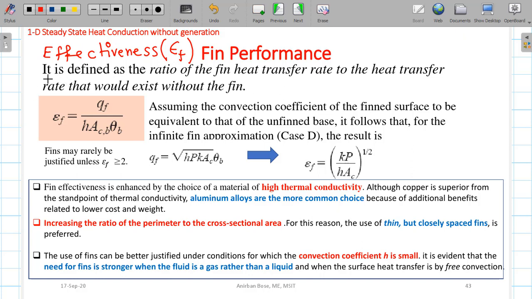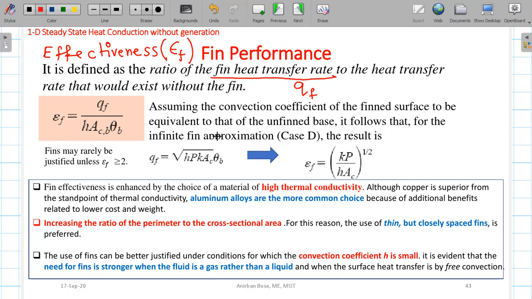The effectiveness of a fin is defined as the ratio of the fin heat transfer rate, which is basically Q F. In the last few examples, we derived for different boundary conditions the value of Q F, that means the actual heat transfer through the fin.